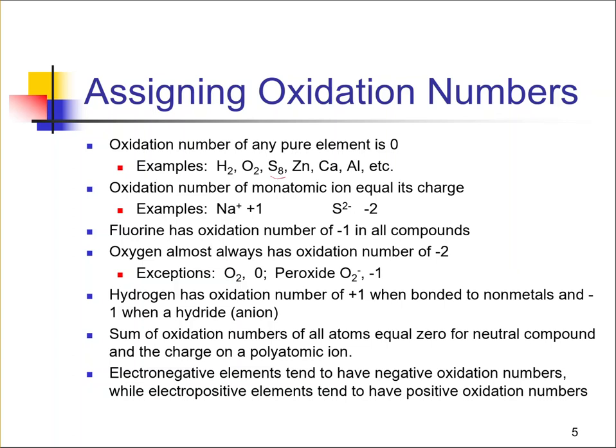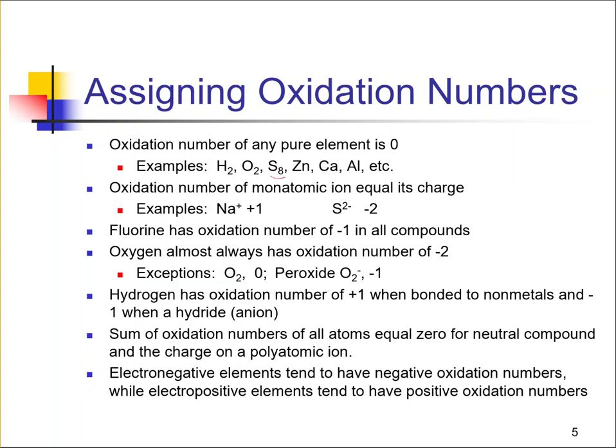So the oxidation number of any pure element is 0. Now, the oxidation number of monoatomic ions equals the charge of the ion, and once you assign the charge, it basically equals the oxidation number.